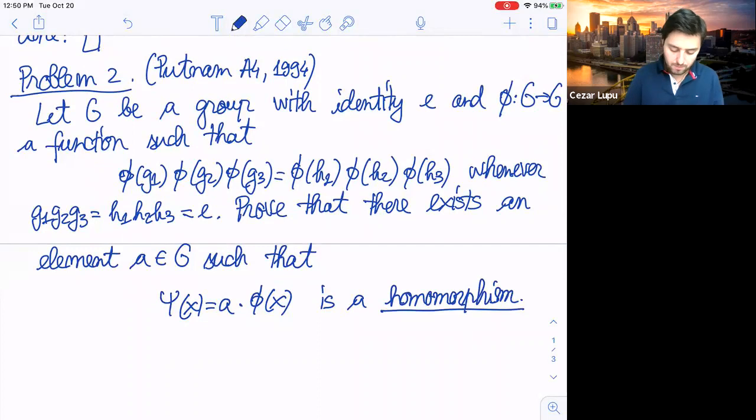A homomorphism is something like this. So definition.